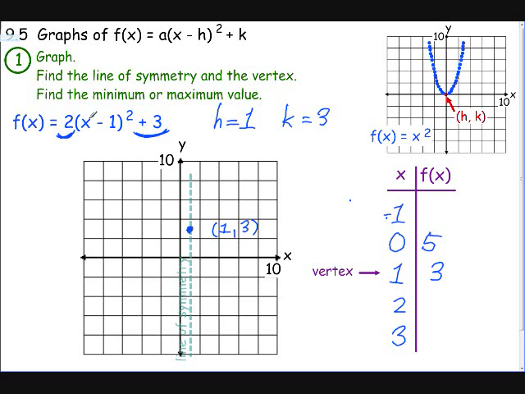If I put a -1 in here, I'll have -1, -1, same as -2. If I square a -2, I have a +4 times 2 gives me +8 plus 3. Ooh, we're getting up there, aren't we? Let me just graph those points. When x is 0, y is 5, right here. This is a 2 by 2 grid.